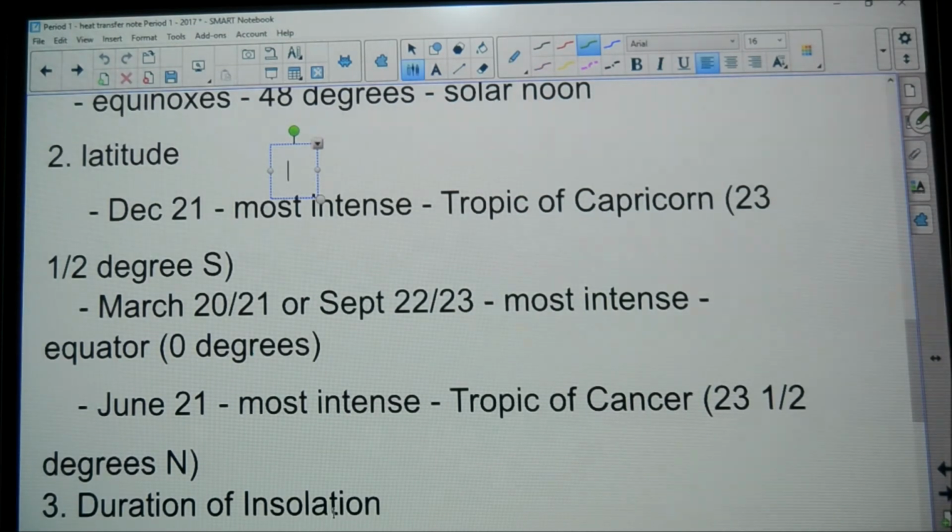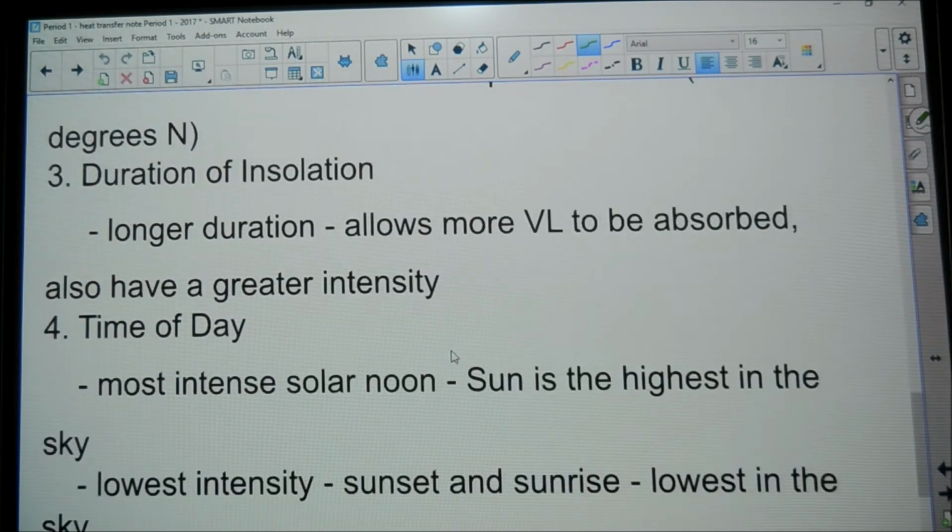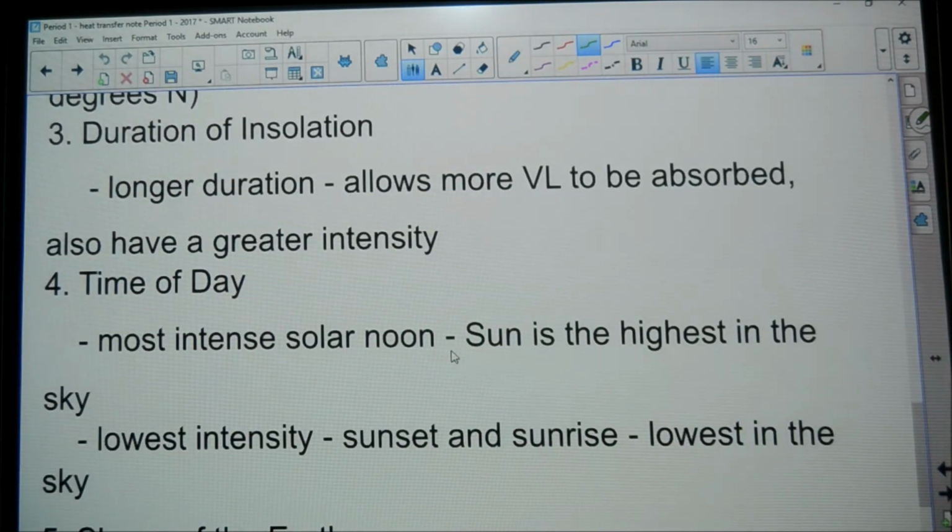Duration of insolation. Now, going back to that one diagram that we had with astronomy, it had the celestial sphere. The higher the angle, the larger the arc. The larger the arc, the longer you had, or the more daylight you had. The more daylight you have, you're going to have a greater intensity for your solar noon.